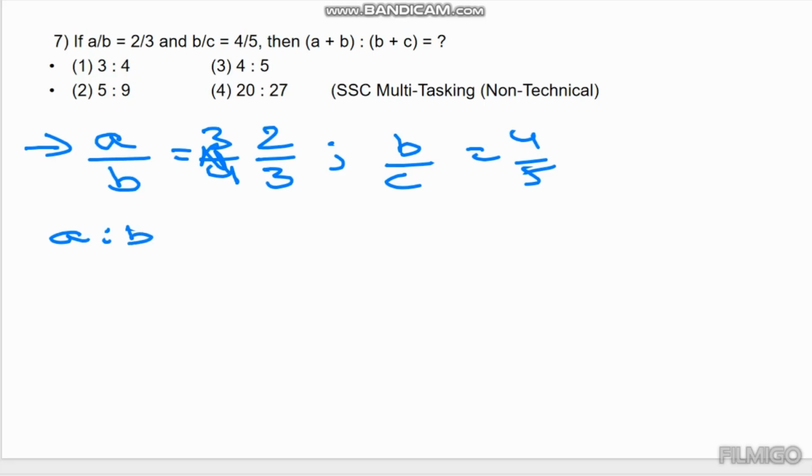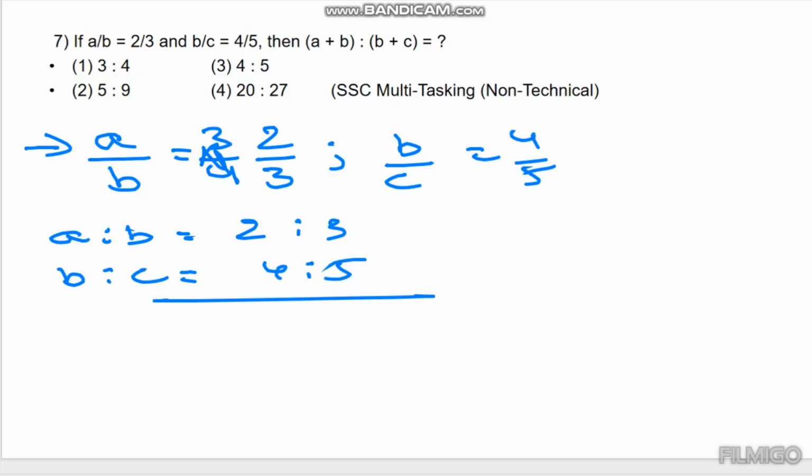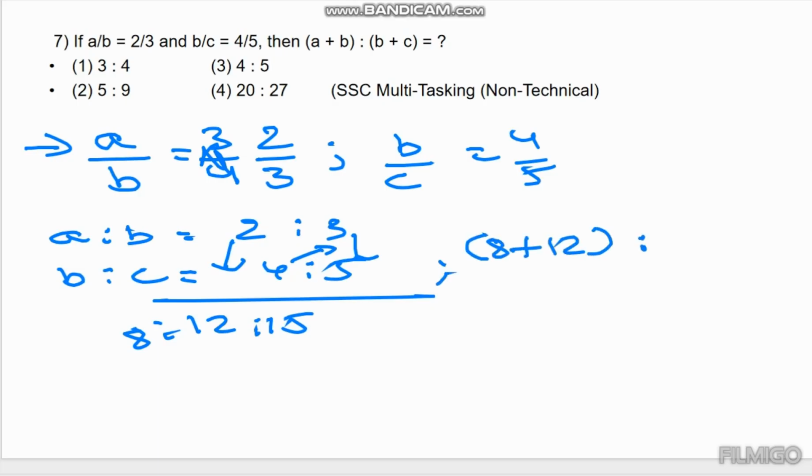So we know A is to B is to C can be calculated as 8 is to 12 is to 15. So A plus B, 8 plus 12 is to B plus C, 12 plus 15 can be written as 20 is to 27. So option 4 is the correct answer.